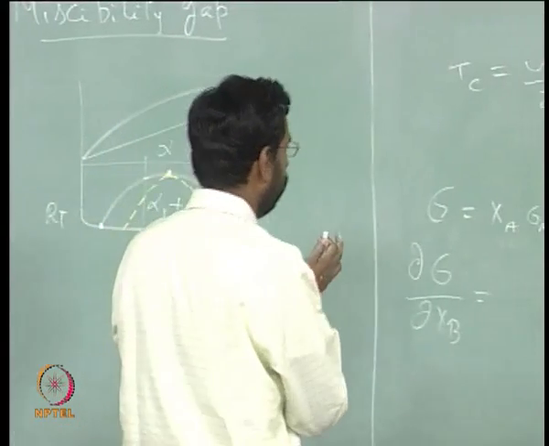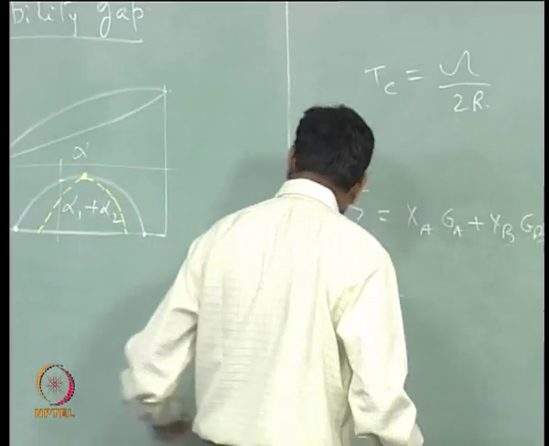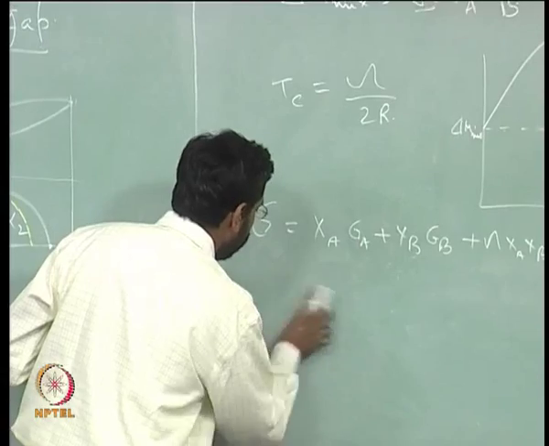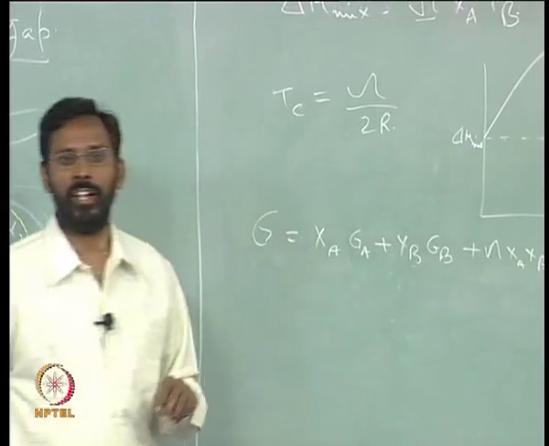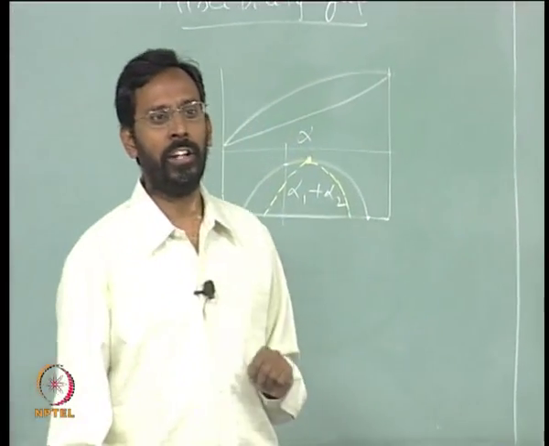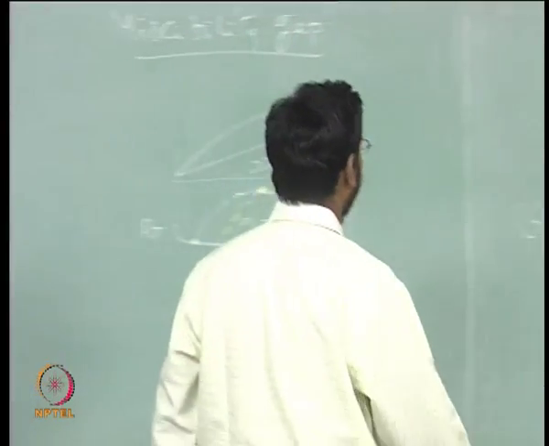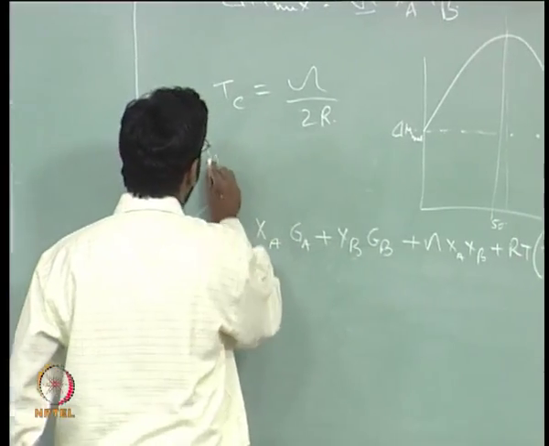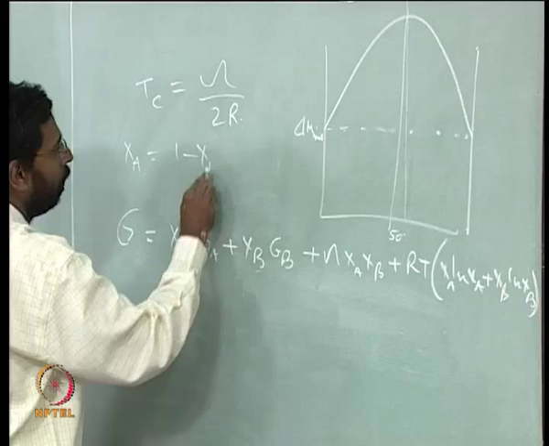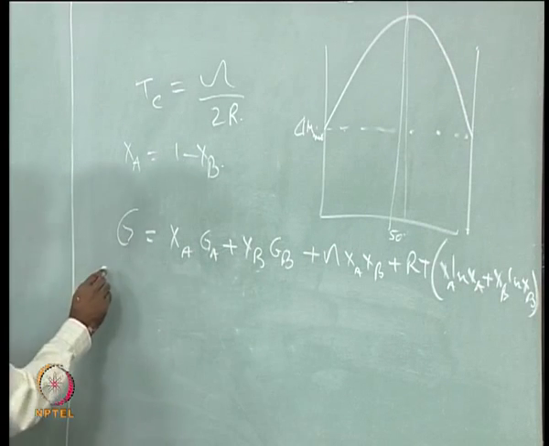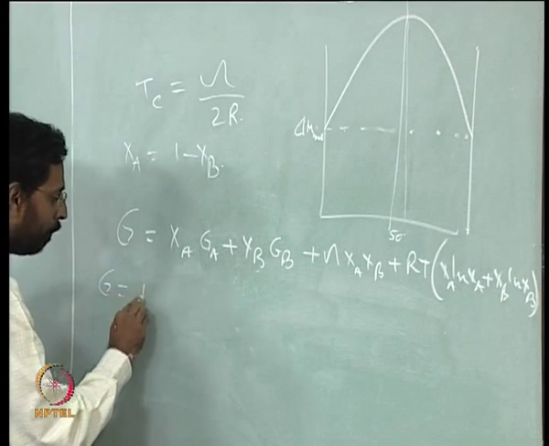So first derivative for this, before you all do that, we should see there is one more boundary condition in this. What is the condition that we know in case of a binary? XA plus XB equal to 1. So I can write XA always as 1 minus XB, right? So wherever XA is there, you replace it first with 1 minus XB.